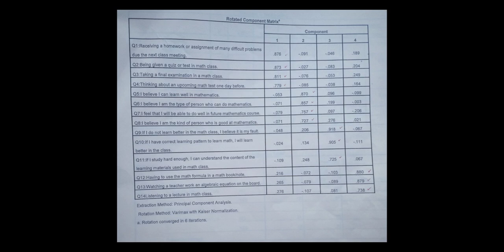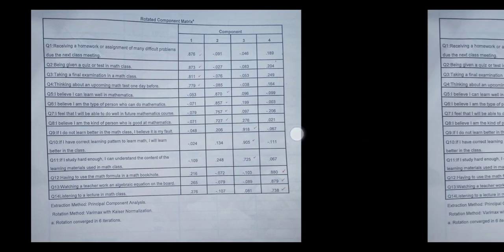And then, from here, kita boleh tengok dia punya factor loading. So, tadi dia bagi cut off point factor loading adalah 0.7. Okay, 0.7, you boleh tengoklah the first component, which questions or which variable that have the loading is more than 0.7.